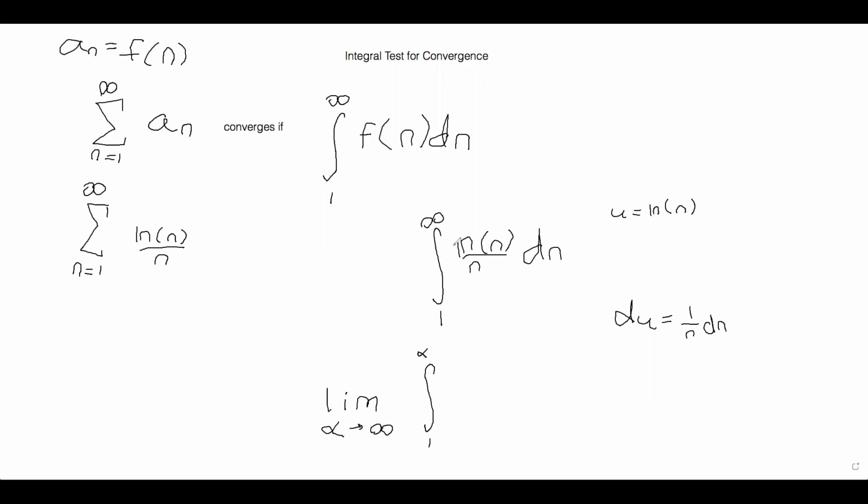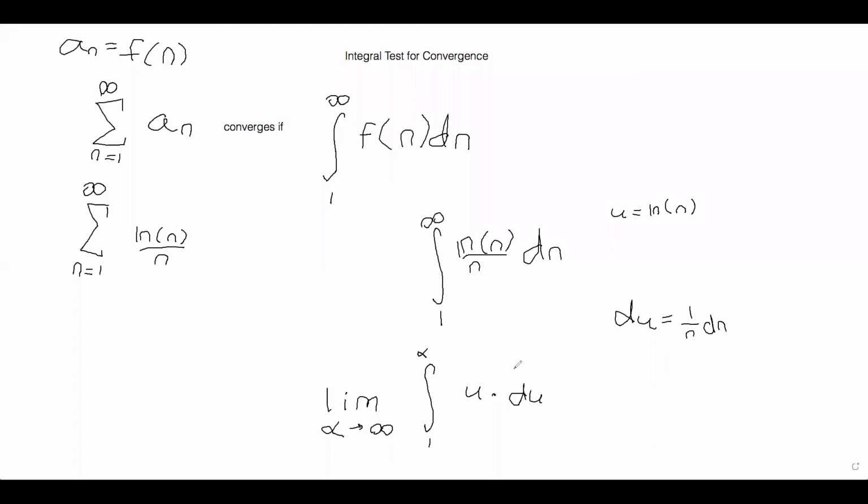And then we have natural log of n, that's going to be u. We have upstairs in this fraction, it's just a plain old u. And then we have that times du, because du is going to be 1 over n dn. So it turns into something really nice and simple. So if we want to integrate u, we're going to just treat it as if it were any old variable.